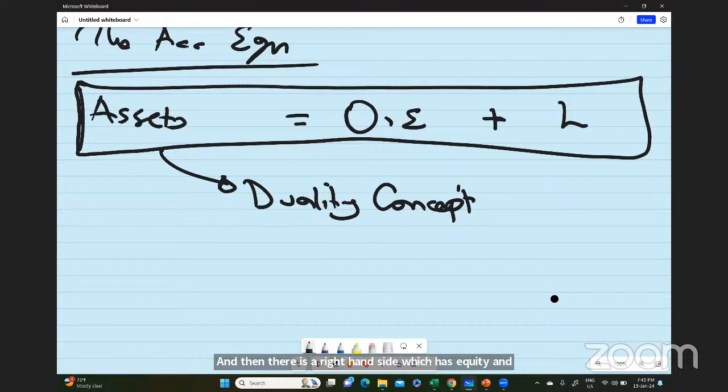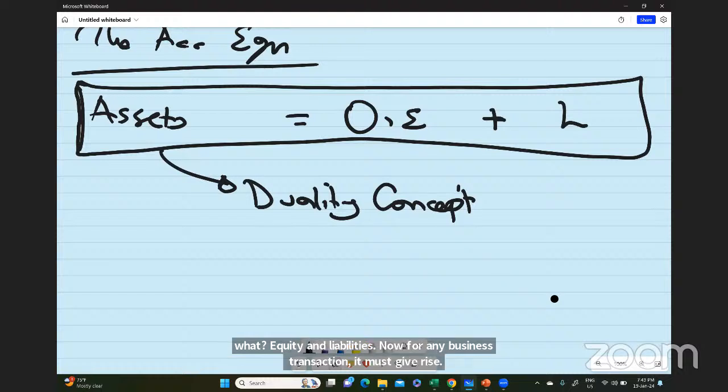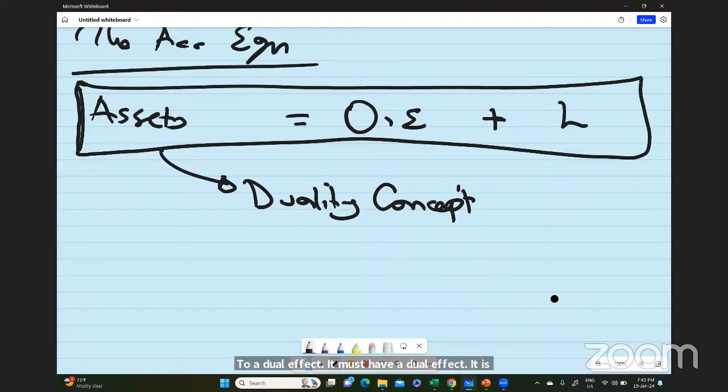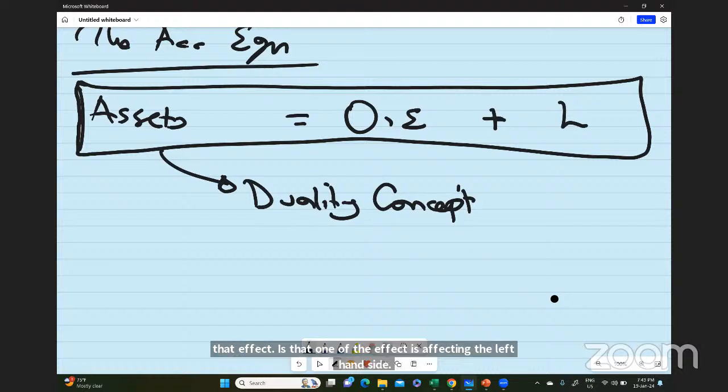Equity and liabilities. Now, for any business transaction, it must give rise to a dual effect. Either one arm of the effect is affecting the left-hand side, and another arm of the effect is affecting the right-hand side.